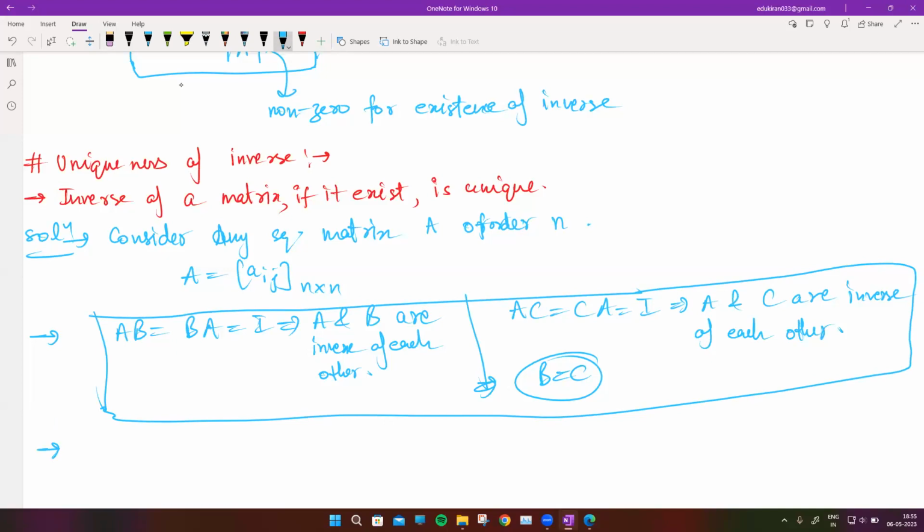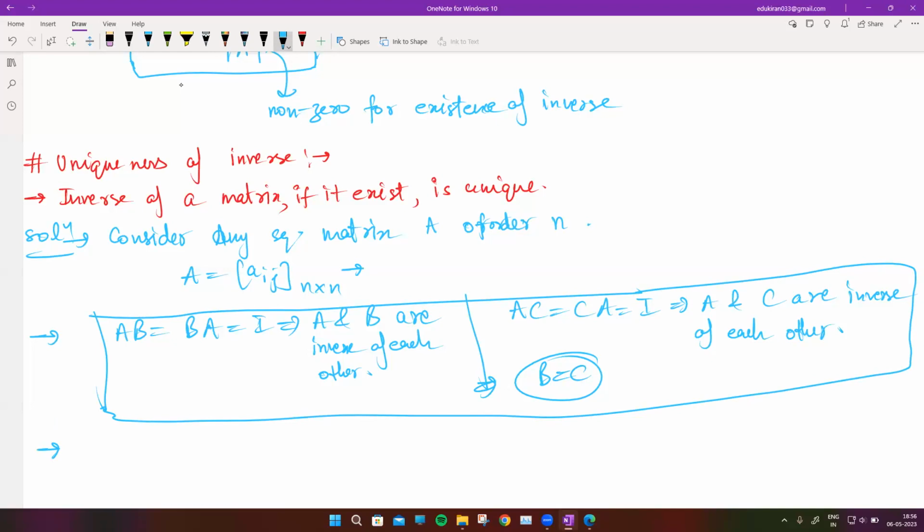So we are saying that consider any square matrix A of order n. So let's say A is like this. Now we are trying to show it by contradiction. There are a lot of proofs in maths which go by contradiction.